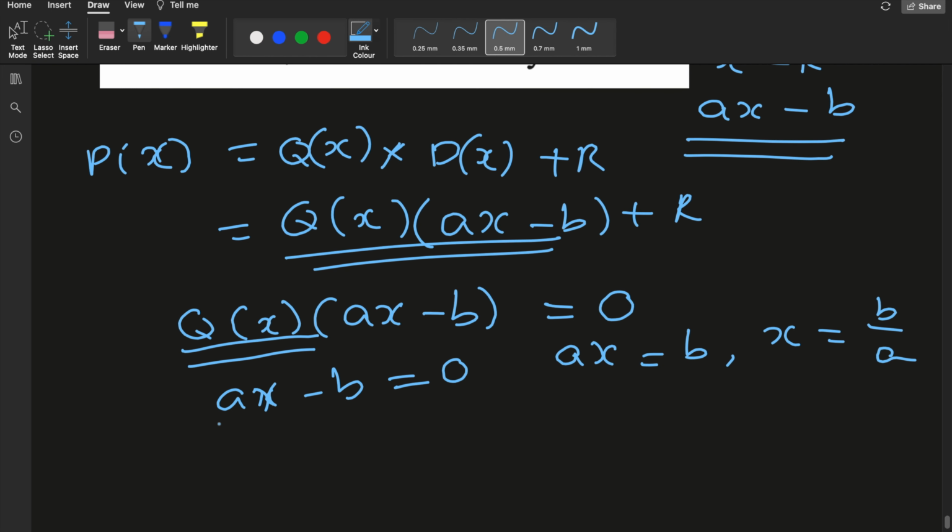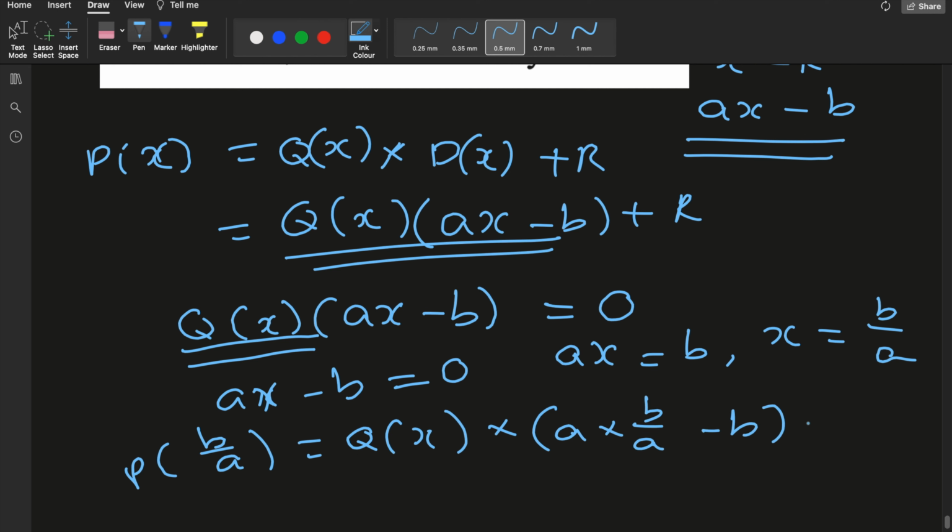So we get p of b by a equals q of x into a into b by a minus b plus r. This would give us q of x, this gets cancelled, so b minus b plus r.